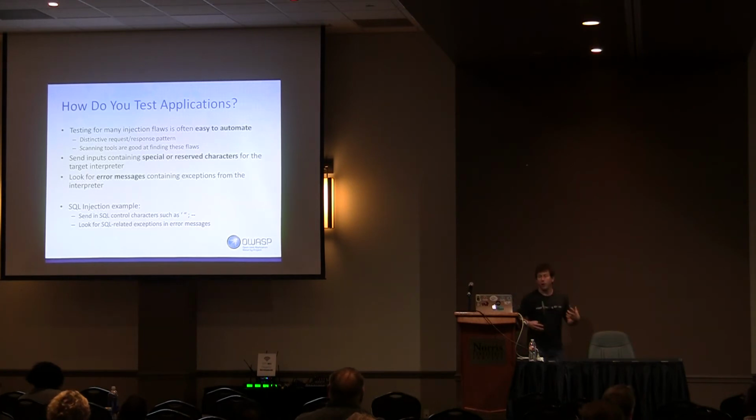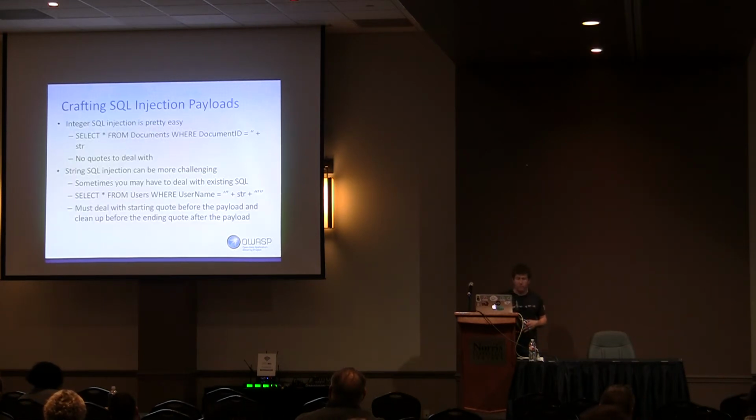They've got pretty strong patterns from a code analysis standpoint. So we send in these inputs that have these special or reserved characters, and we look for error messages or other exceptions coming back. And so SQL injection example, again, send in SQL control characters, single quote, double quote, semicolon, dash dash, look for SQL-related error messages that come back.